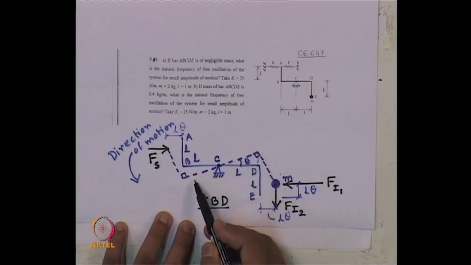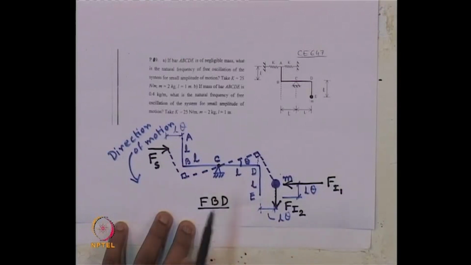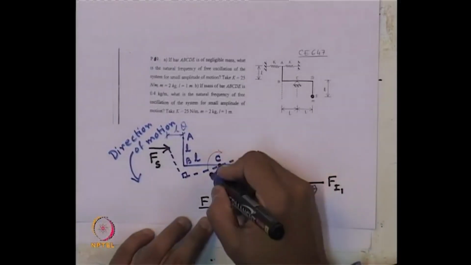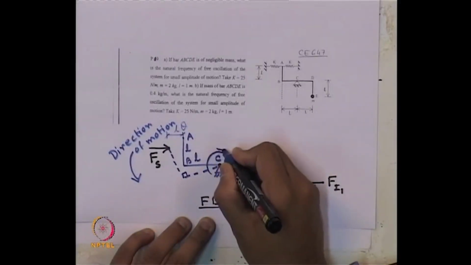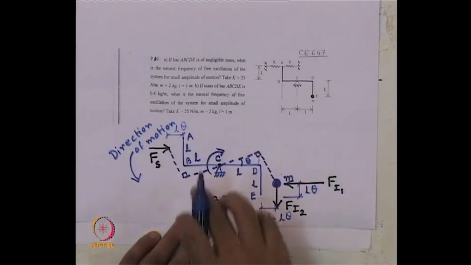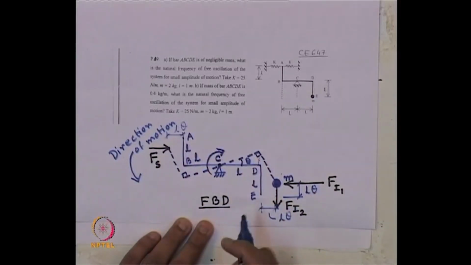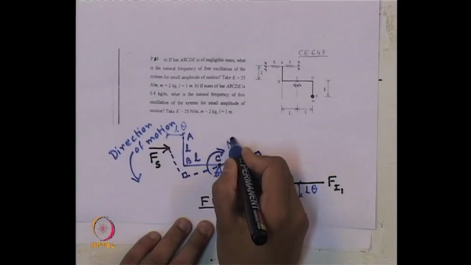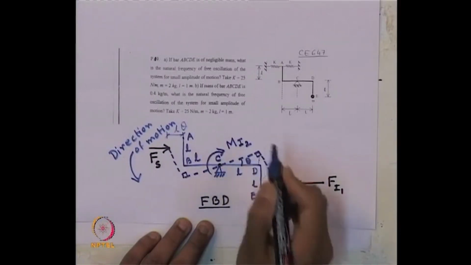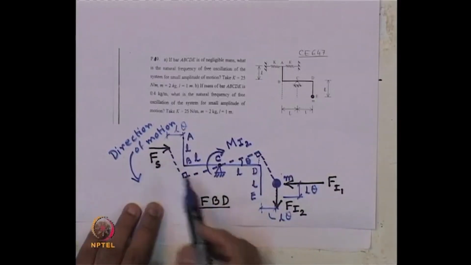When we take the mass moment of inertia for this rod, only the torsional inertia force will come, which will try to bring it back to its original position. So we will have the inertia force for this segment BCD acting in this direction. Let us call it M I 2, with 2 used for this segment.